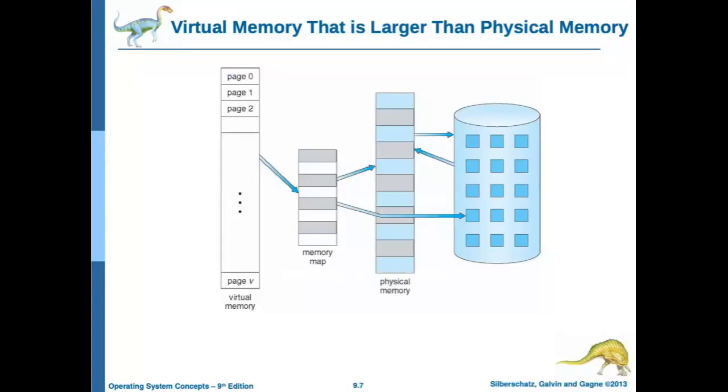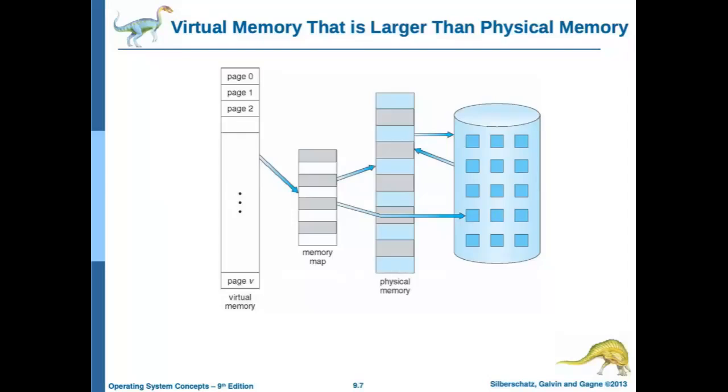Now here you can see virtual memory that is larger than the physical memory. Physical memory is there, and swap space is also there. Let me annotate: this one is the swap area, this is physical memory, and this is the memory map.